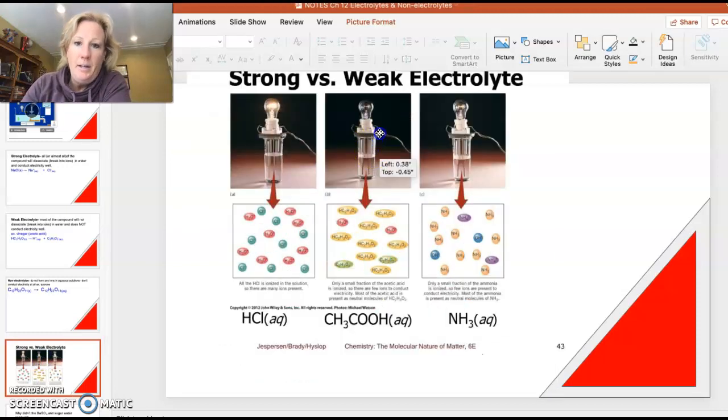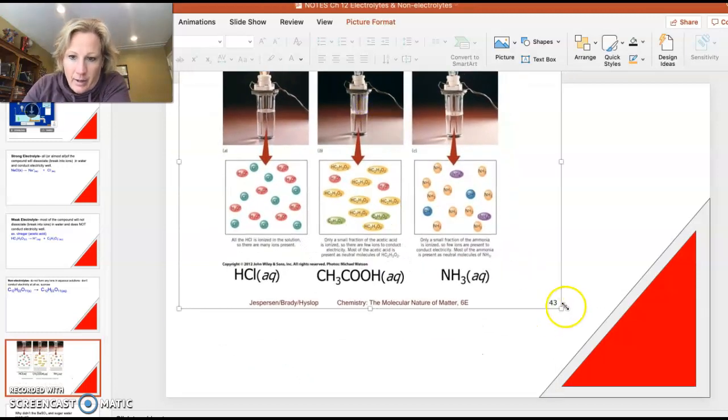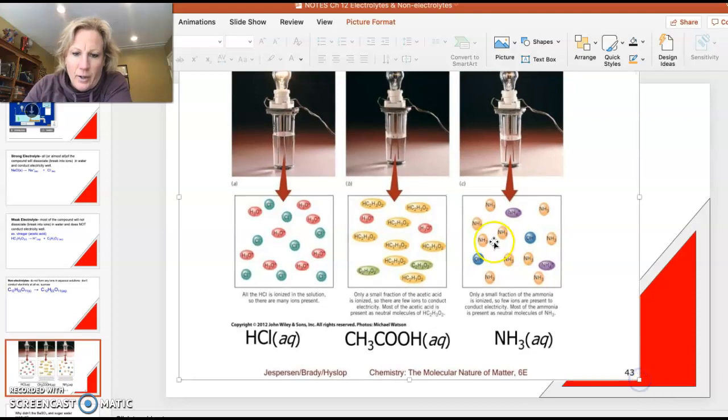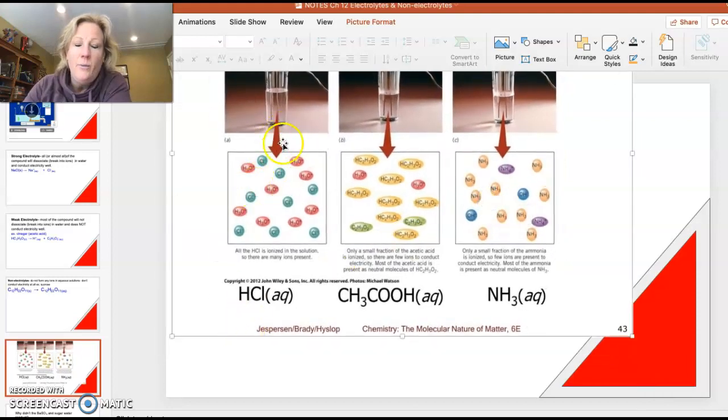In this diagram here, I want to make it bigger. This is showing you HCl, that was another one that in the video when he demoed, it conducted very well because 100% of it breaks up, and we're going to talk more about that when we get into our acid and base unit. Whereas here, this is vinegar. So look at the yellow here. Those are the vinegars that stay together, but only a few of them broke apart and give you the red and the green.